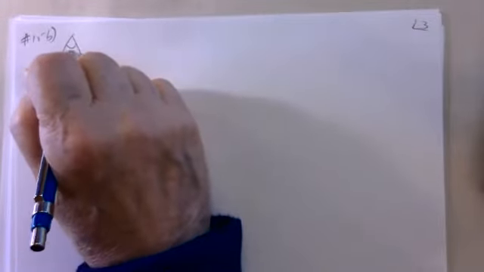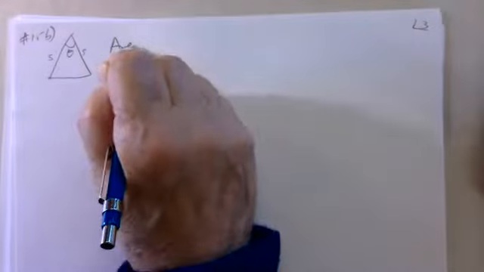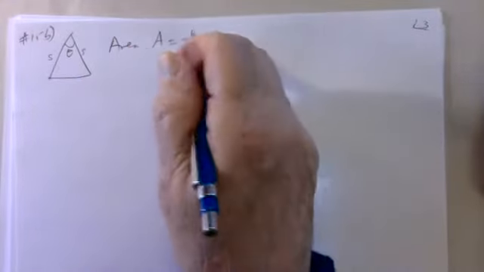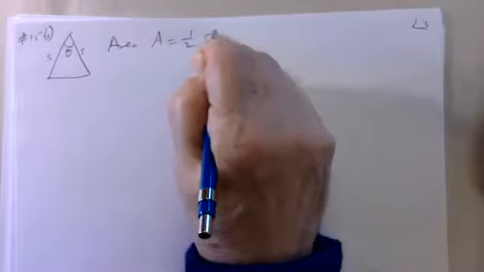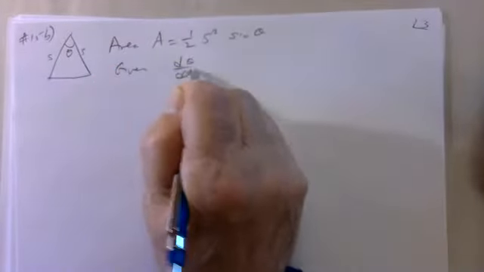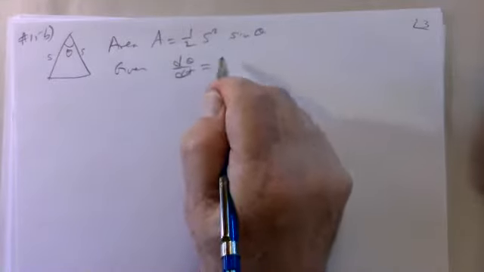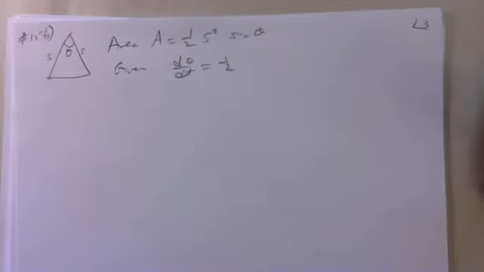So 15b, let's just summarize this. We have this isosceles triangle, the two equal sides of length S, the included angle is theta, and the area A is equal to 1/2 S squared sine theta. So we're given that the rate of change of the angle theta is 1/2. How do you measure angles?